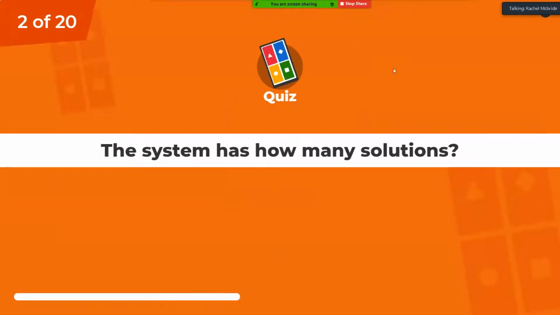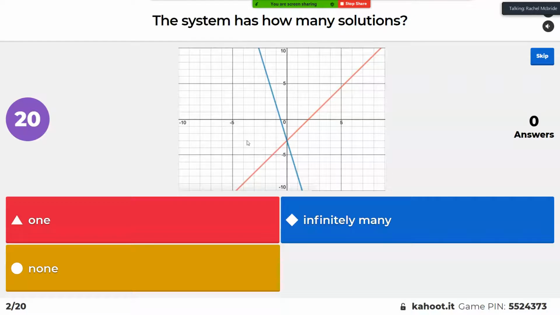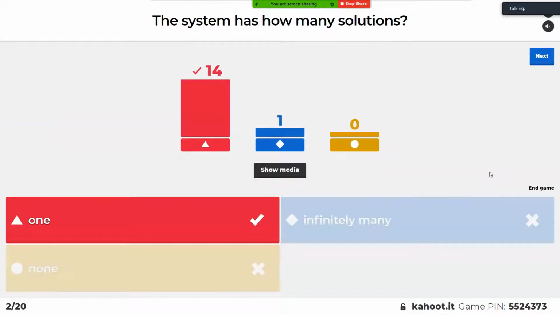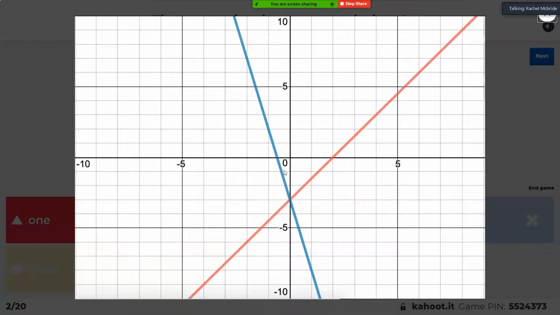Okay. How many solutions does this system have? Alright, so there is one solution when graphs intersect.